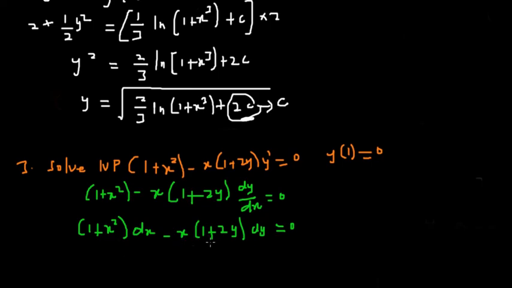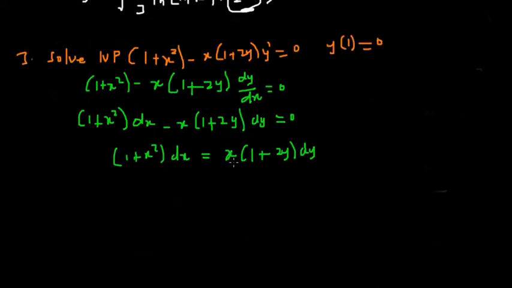So let's just move this entire expression to this side. So we have 1 plus x squared dx equal to a certain x plus 1 plus 2y dy.